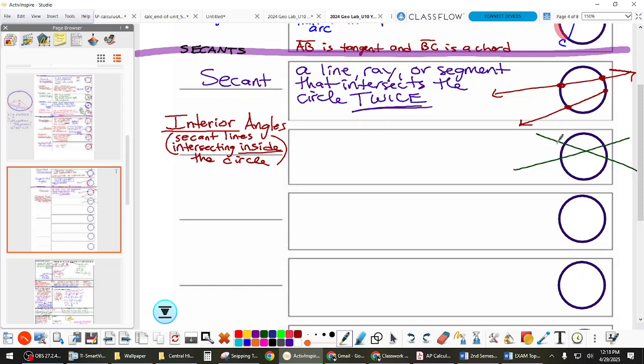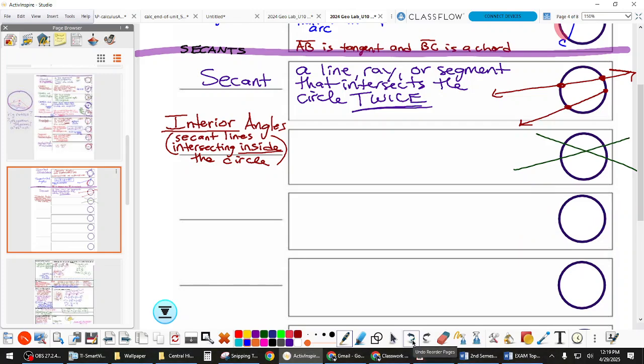And don't draw this, but I want you to think about, like, these could intersect up here really close to the circle, and so we have this huge arc down here and a couple of teeny ones at the top. And these theorems still apply. Or it could intersect closer to the center where these four pieces are kind of similar in size. But it doesn't matter, it's cool. All those angles relate to the measures of the arcs.